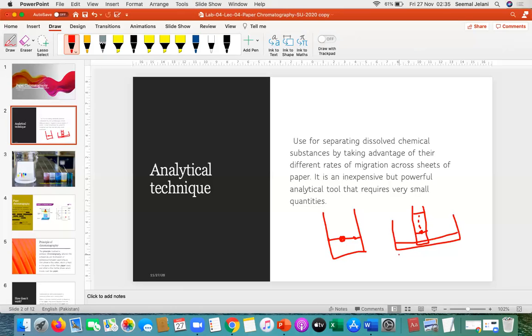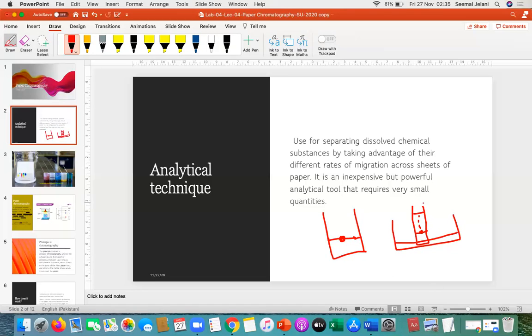So next, we need to understand what paper chromatography is and how it works. In this type of separating technique, substances are distributed between a stationary phase and a mobile phase.